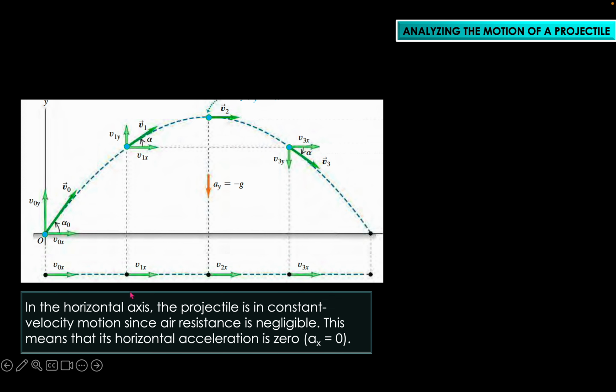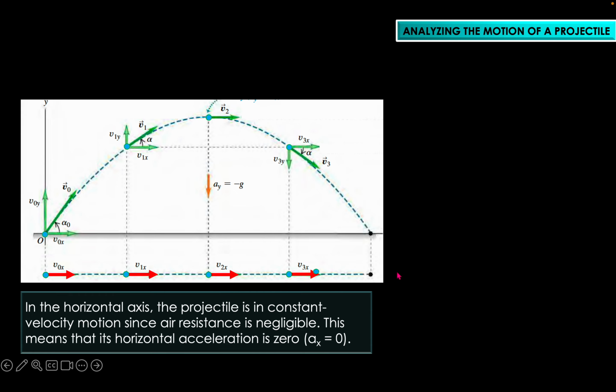So when you launch a projectile, for example, whether it's a golf ball or soccer ball, whatever is the horizontal velocity of that projectile, it will be the same all throughout its entire trip. And that is represented by the equal length of these arrows because as time goes by, the horizontal velocity remains the same for our projectile.